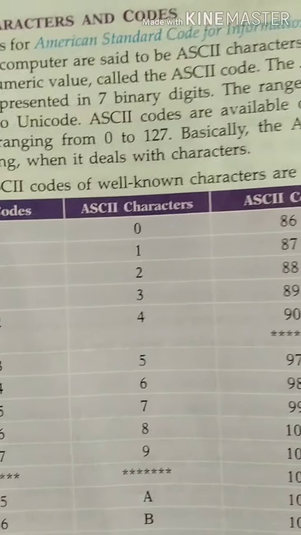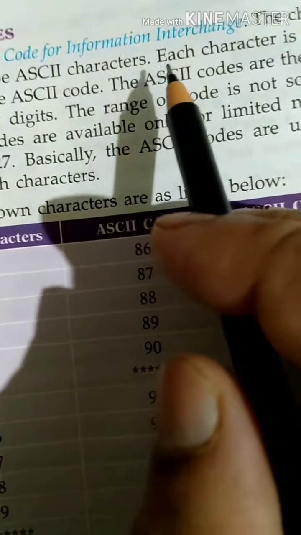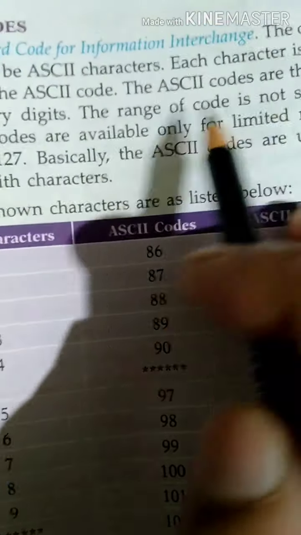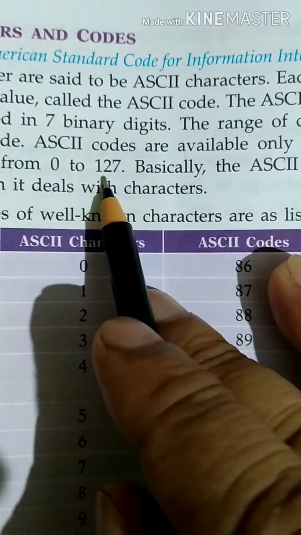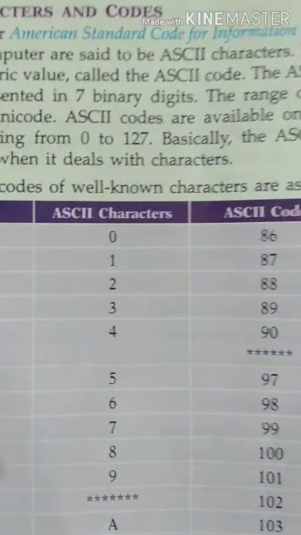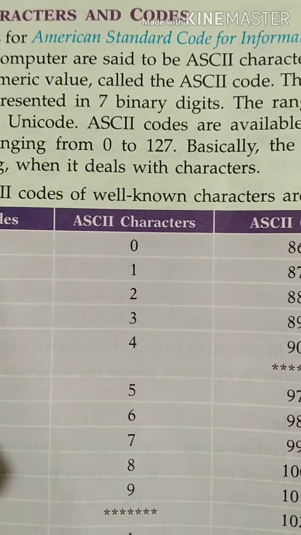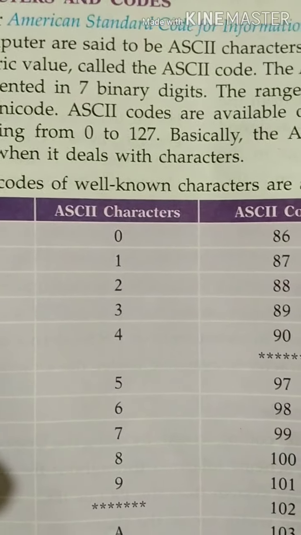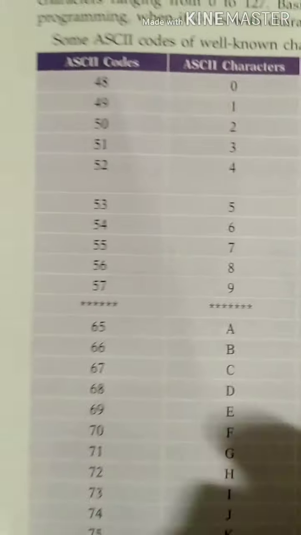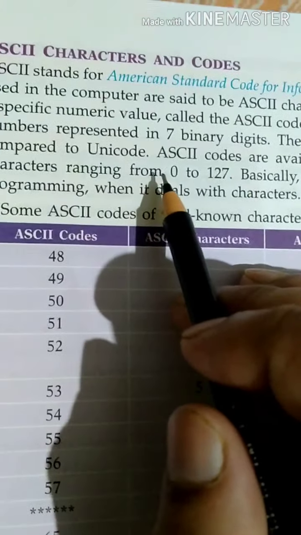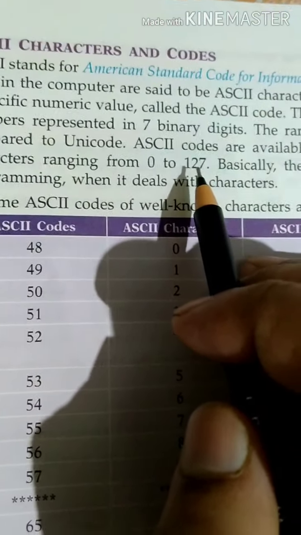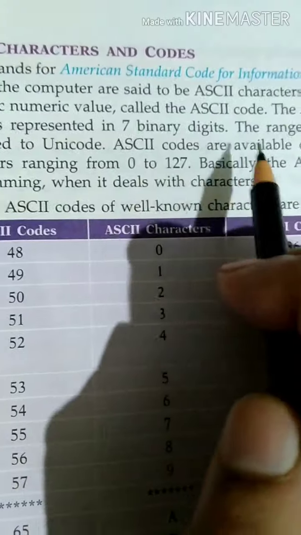Why? Because this has a very small number of characters, 0 to 127, total 128 characters including 0. Character tables are given here, and nowadays in our computers, IBM computers and all other computers, we use ASCII code.